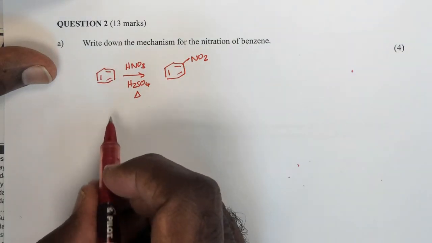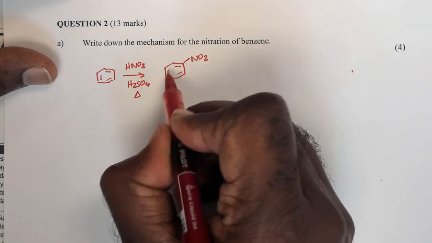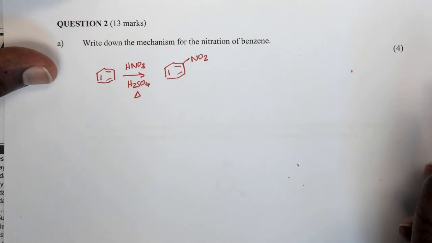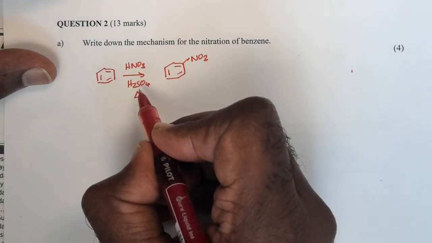So the first thing in this reaction would be to put an electrophile onto the aromatic ring. So it's creation of the electrophile that is the first part of this reaction. And that is normally the reaction that takes place between nitric acid and sulfuric acid.